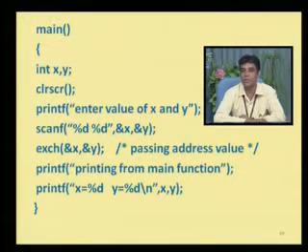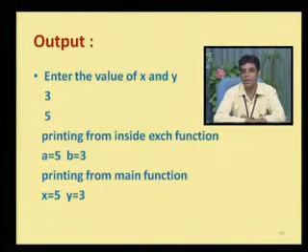In the last program we had sent the integer values and the values of x and y were not changed, but you will see the output here is slightly different from the last program. What happens here? We are not changing the values, but we are changing the particular locations.